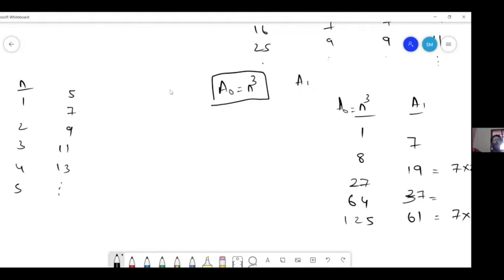In this sequence, there is a common difference of 2, isn't it? Can you give me an example of a very basic sequence having a common difference 2?